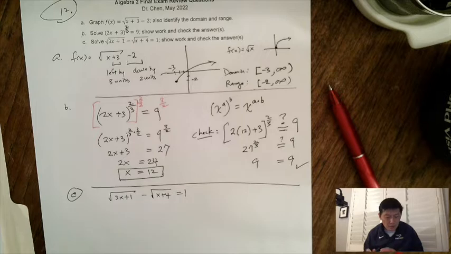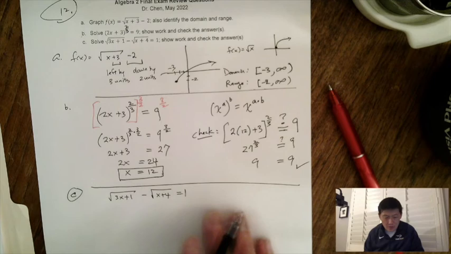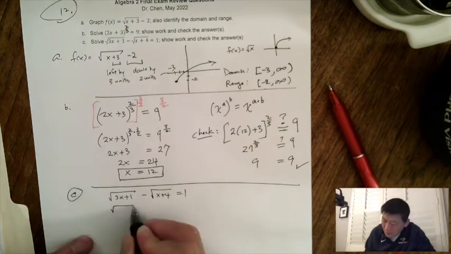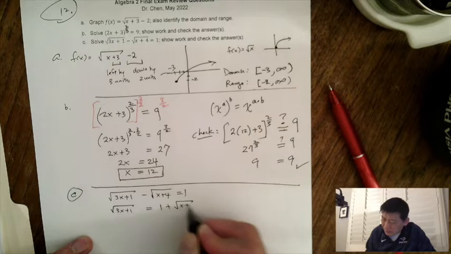So one simple way of doing this is to move the radical onto the other side. So we end up with the square root of 3x plus 1 is equal to 1 plus the square root of x plus 4.